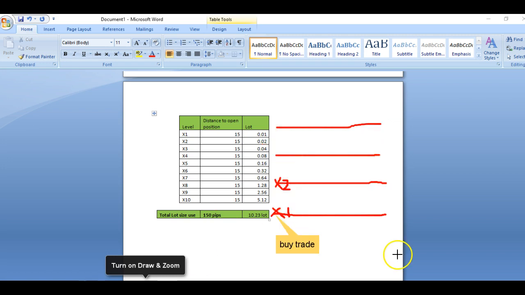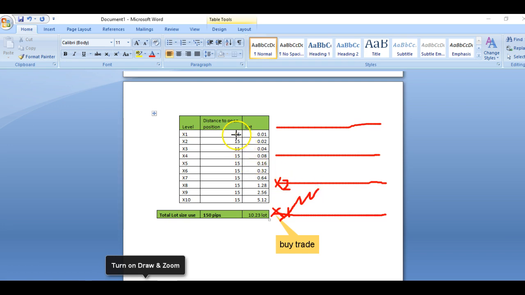Remember that your buy trade is on profit, and let's say you start with the x1 here. On one side you are losing on your sell, and on the other side is the buy trade, so you're profiting on this buy trade. Remember that the sell is losing and your buy is winning. This is the good thing here.